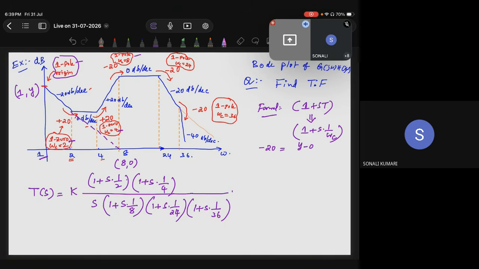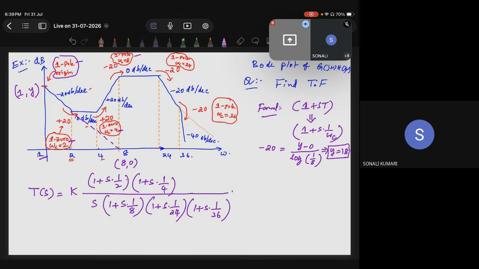Correct. How do I write that? Slope is y2 minus y1 by x2 minus x1. What are x1, x2? They are logarithmic values. Log 1 by 8 means log 1 minus log 8, which is log 1 by 8. If you do these calculations, you will get 18 for y. So y is 18.